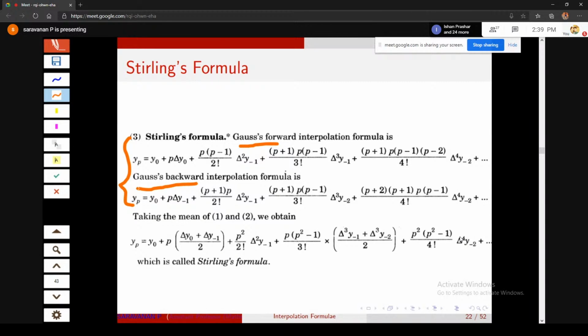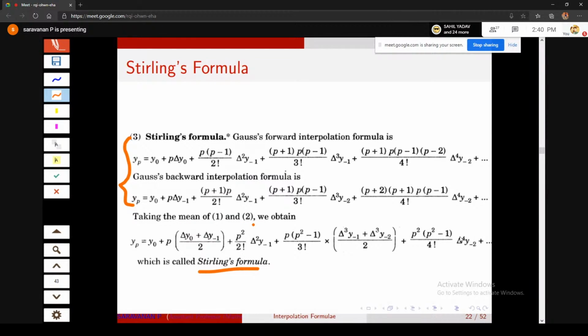They are not in the syllabus, but Stirling's formula is nothing but the mean of the Gauss forward interpolation formula and the Gauss backward interpolation formula. That's why I have given the two formulas.